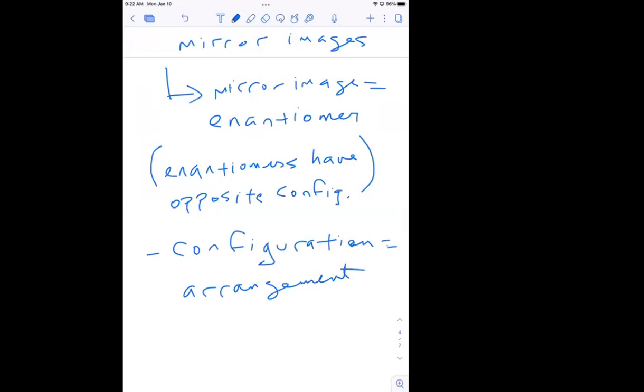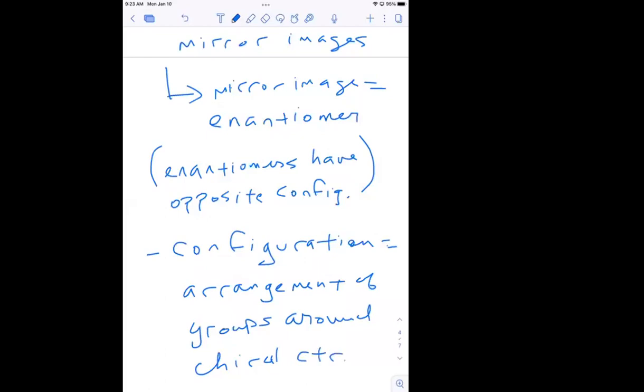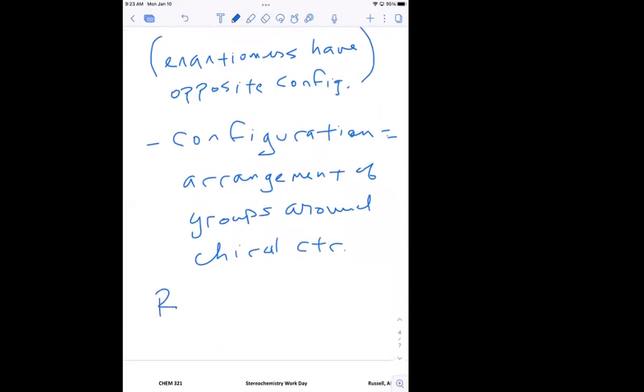So configuration is the arrangement of the groups around the chiral center, and that's going to be R, which is clockwise or rectus, and then S, which is sinister, or I'm just going to abbreviate that as counterclockwise.